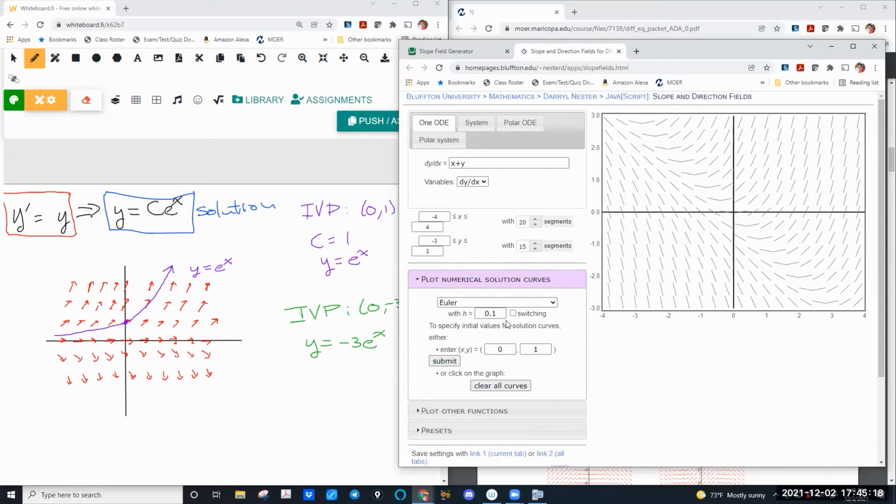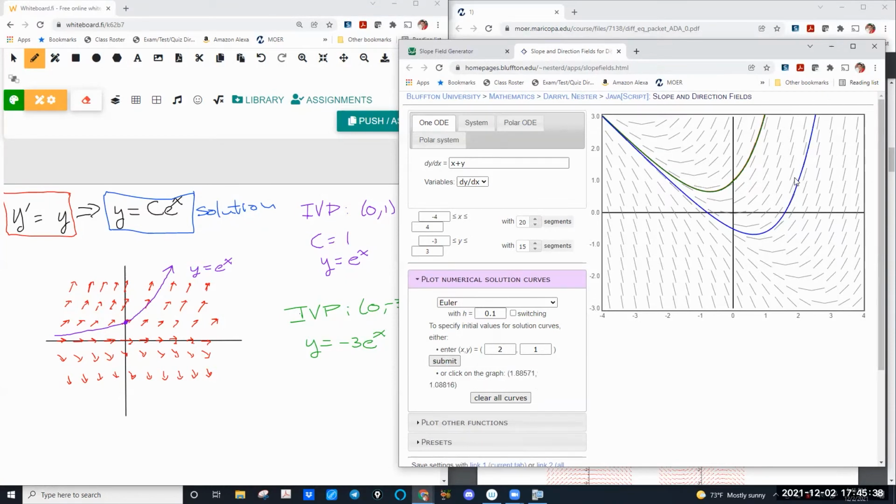We'll talk about what h equals 0.1 means in a second, and then submit. And look, there's our solution. It goes through the point 0, 1 right here. If we change the initial condition to 2, 1, notice now it has to go through 2, 1, and again it follows our slope field.